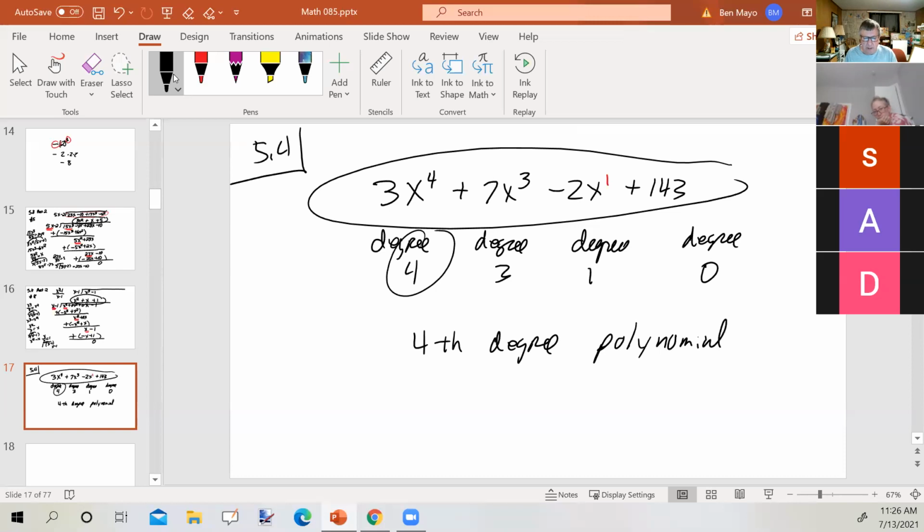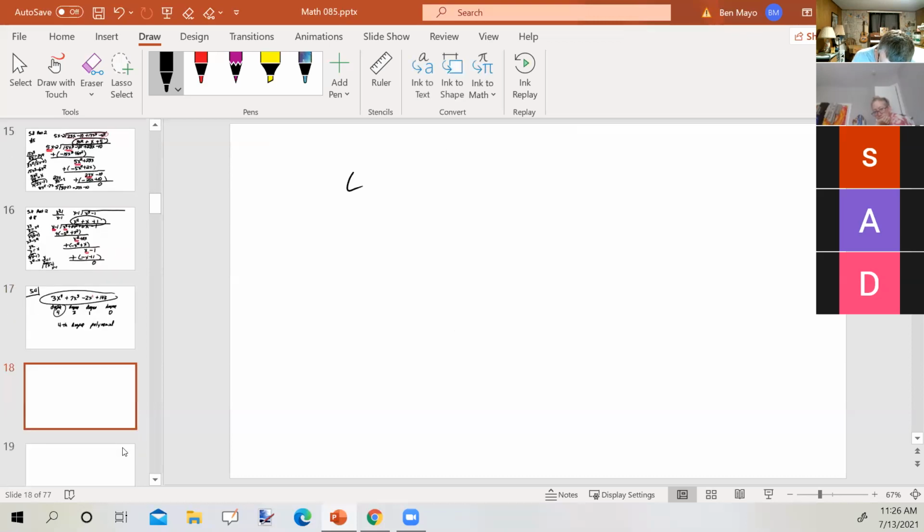polynomial, okay? I want to look at another example of this. Let's say we've got 4x squared y cubed minus 2xy squared plus 15z to the 6th power. Okay? So here we have a trinomial.